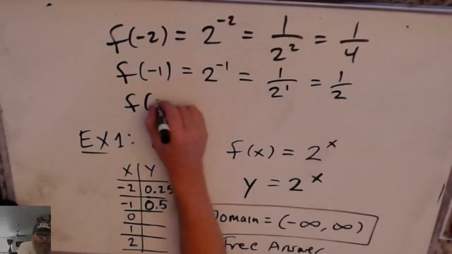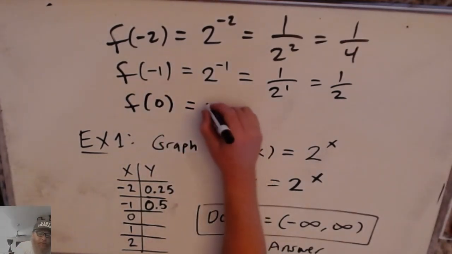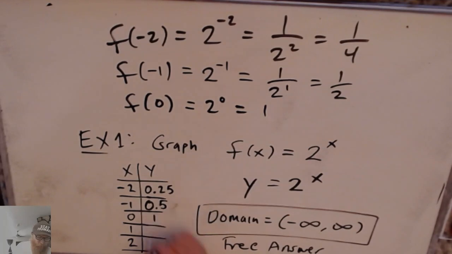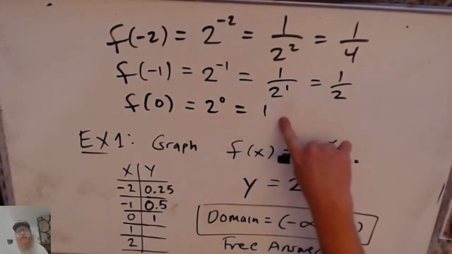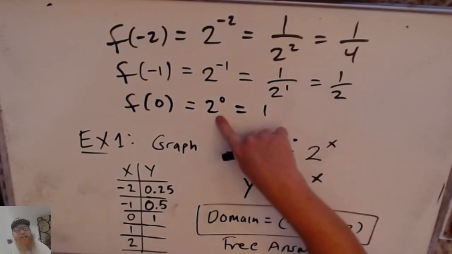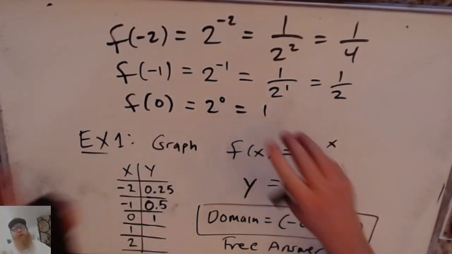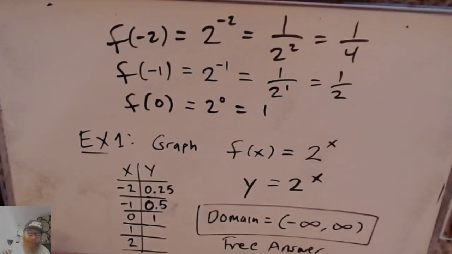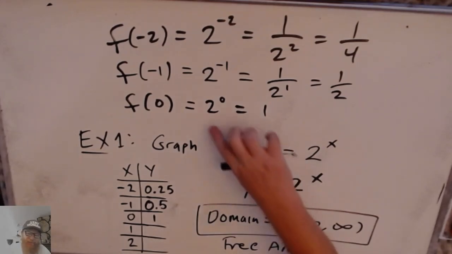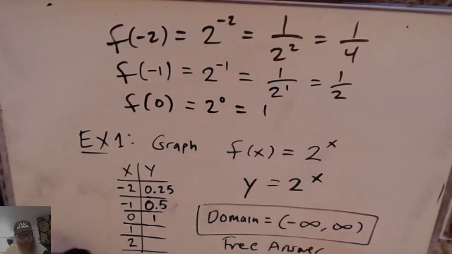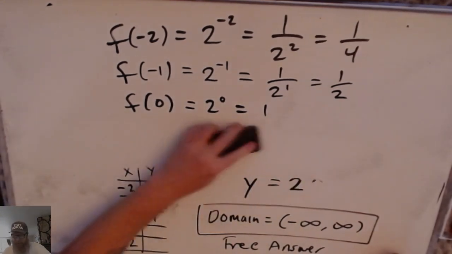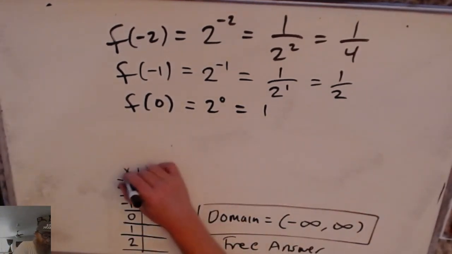Remember, 0 is a special case. You just get 1. Anything to the 0 power is 1. Technically, it's any non-zero base raised to the 0 power is 1. But in this class, Math 10, we'll keep it: any number raised to the 0 is 1. Let's do a few more.